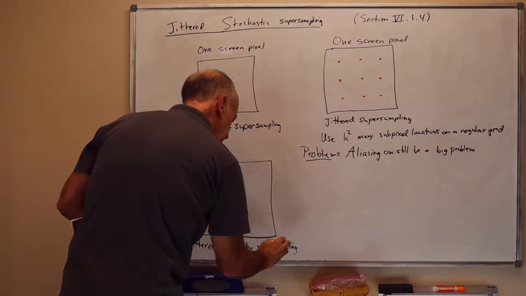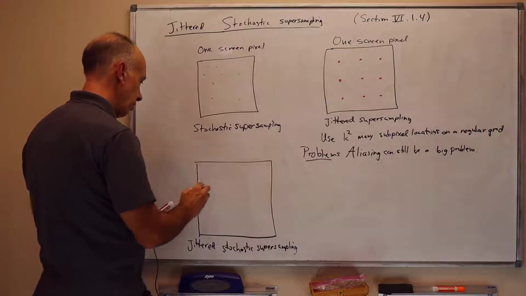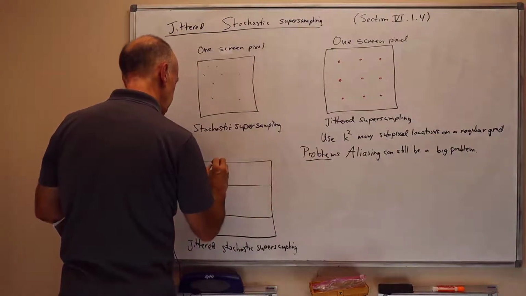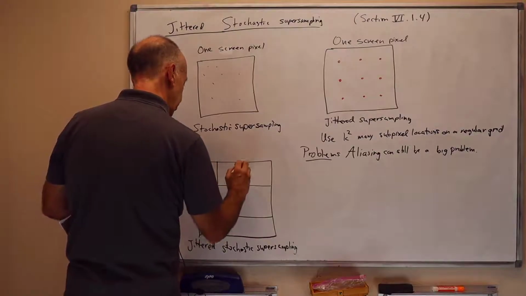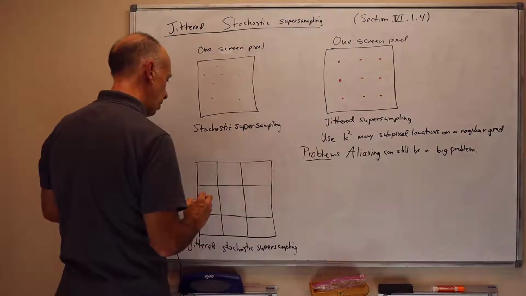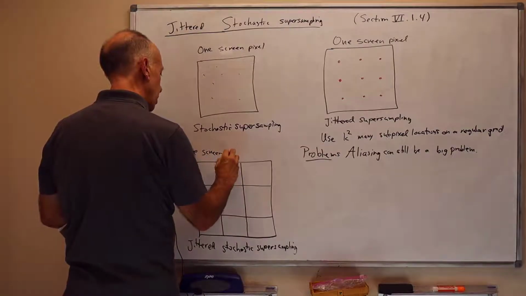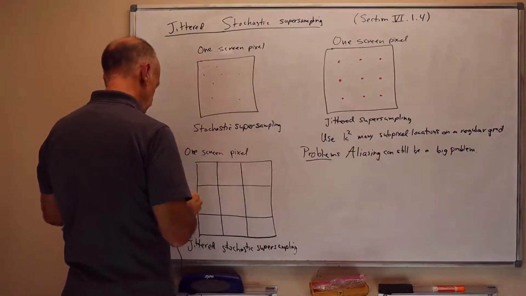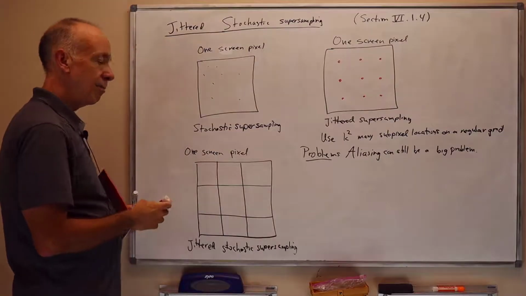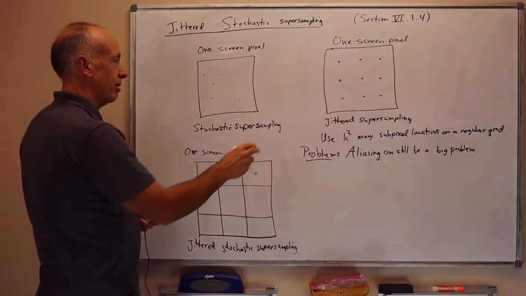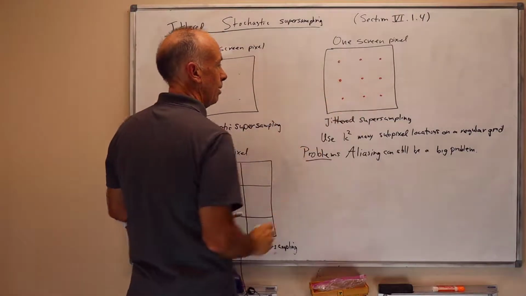So for jittered stochastic supersampling, what we do is we divide the pixel up. I'll use k equals 3 again in the picture. This is again one screen pixel. We divide the screen pixel into a k by k array of subpixels. And just like before, we use a k by k array of subpixel locations.